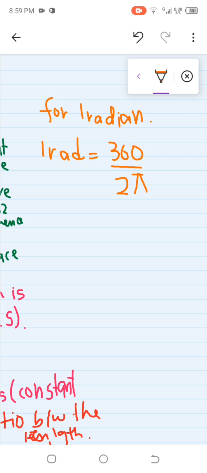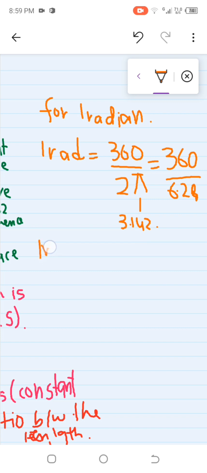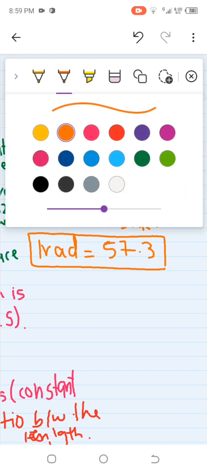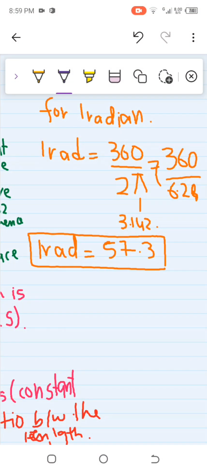So it will be 360 divided by 6.28, because here pi is 3.142. So 1 radian will be equal to, whenever you divide these both, 57.3. So remember this value, mostly it is asked: 1 radian is equal to 57.3 degrees, and 2 pi radian is equal to 360.